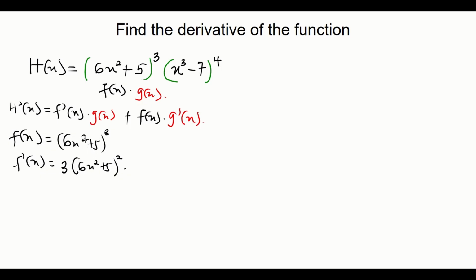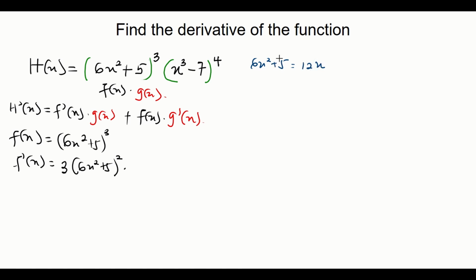Then we multiply everything with the derivative of the inner function, as we explained in the first video. Our inner function here is 6x squared plus 5, but the derivative of this is 12x.